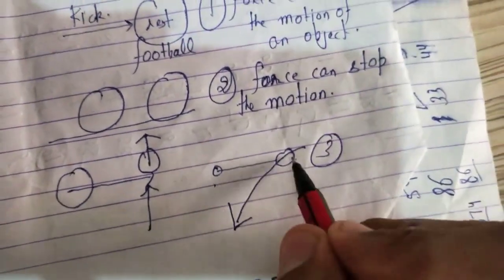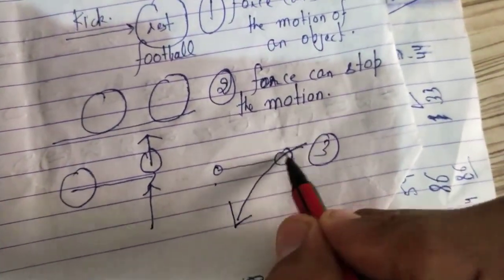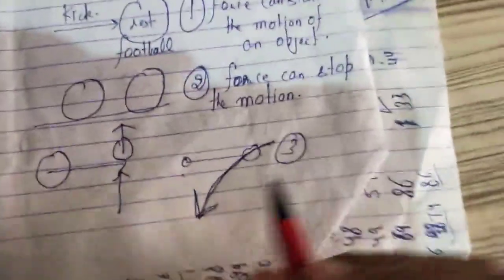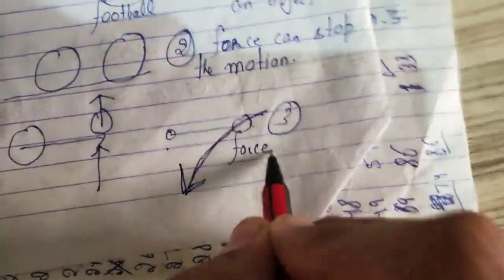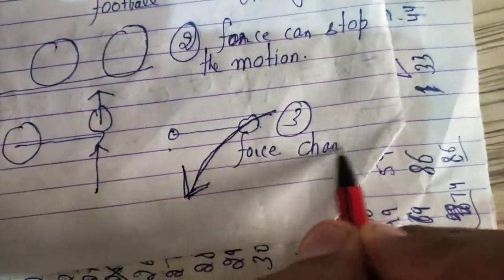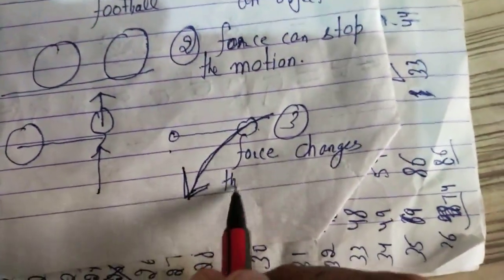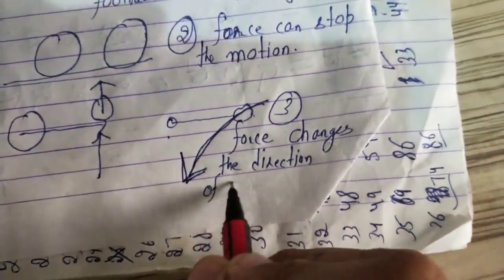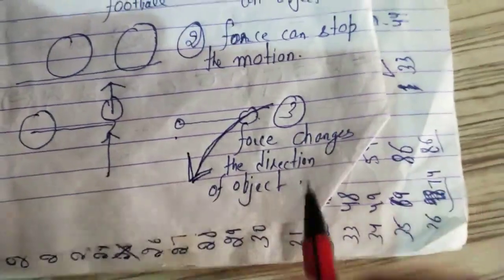So the batsman is applying force on the ball. Due to force, the direction of the ball will get changed. So the third effect is force changes the direction of an object.